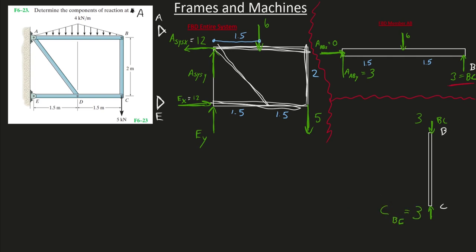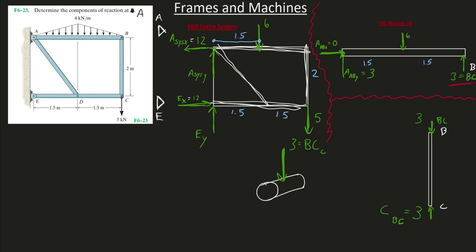So, I can't just neglect this pin at C. I really got to take it apart and analyze it. We know that C puts an upwards force on member BC. Newton's third law says that member BC must put that same force downwards on that joint C. Downwards with 3. And just to get the subscripts, this is the force that BC puts on C.